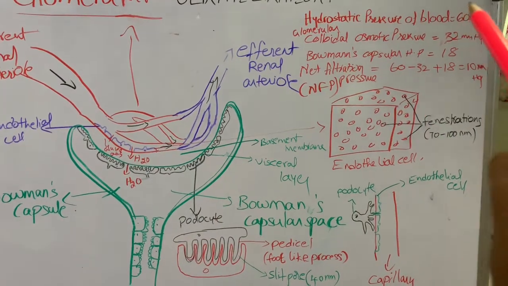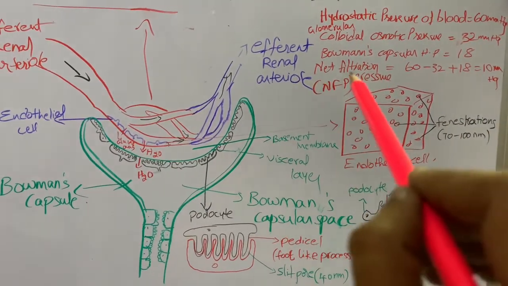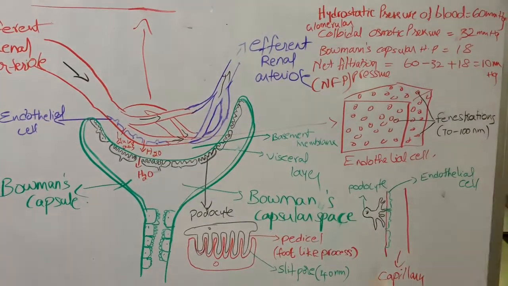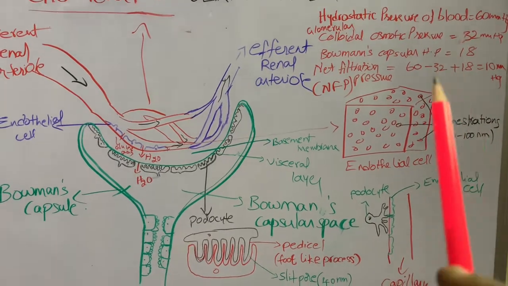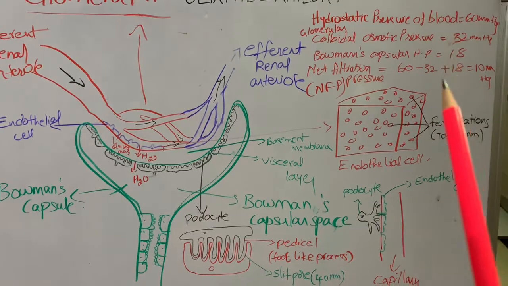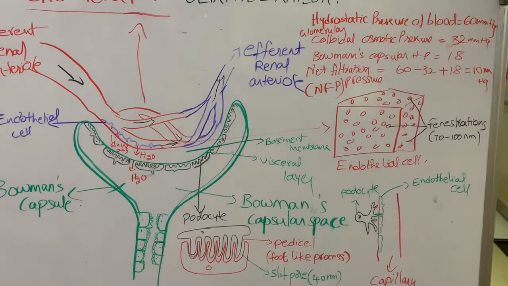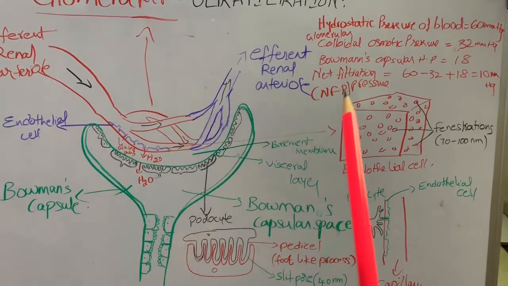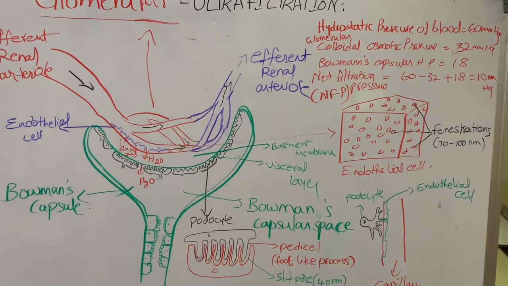When we add all these three, we get the net filtration pressure. The colloidal osmotic pressure is an opposing pressure, that's why we use a negative sign. So hydrostatic pressure minus colloidal osmotic pressure plus capsular hydrostatic pressure gives the net filtration pressure, which is 10 millimeters of mercury.